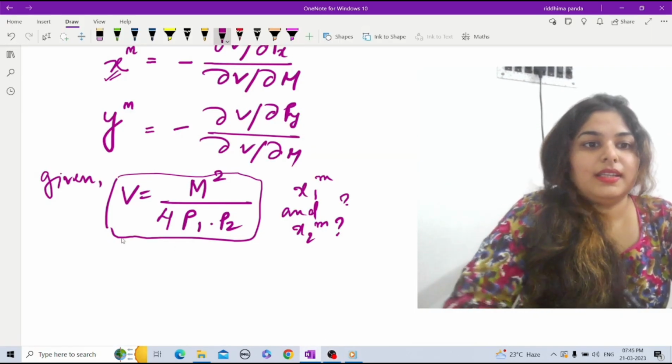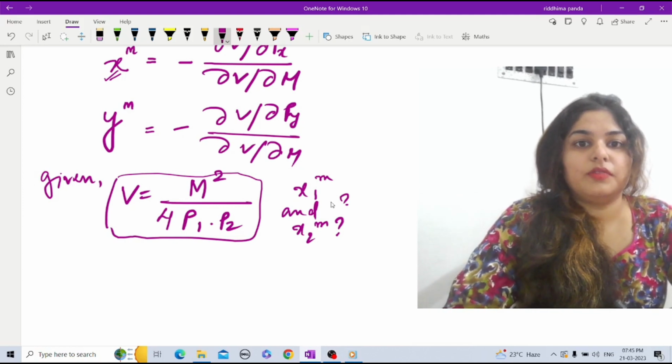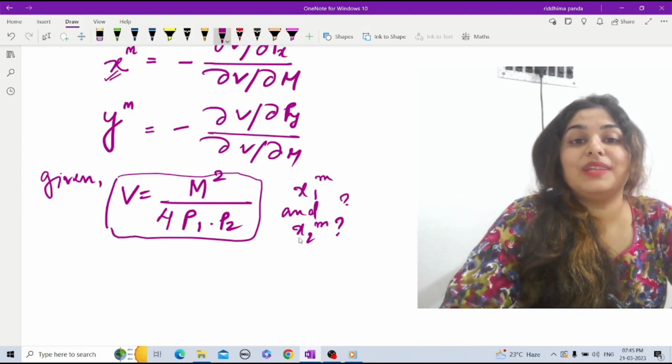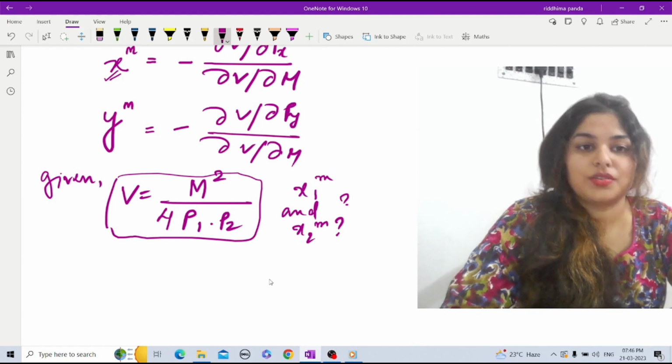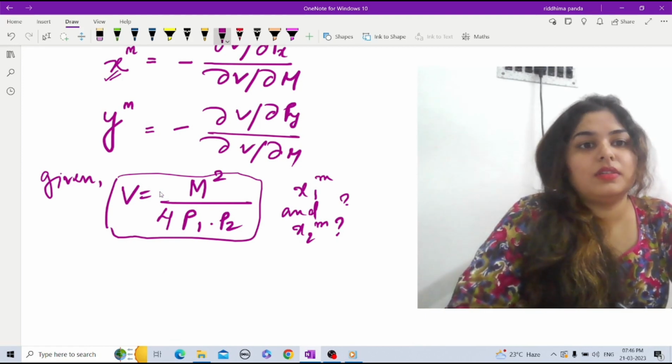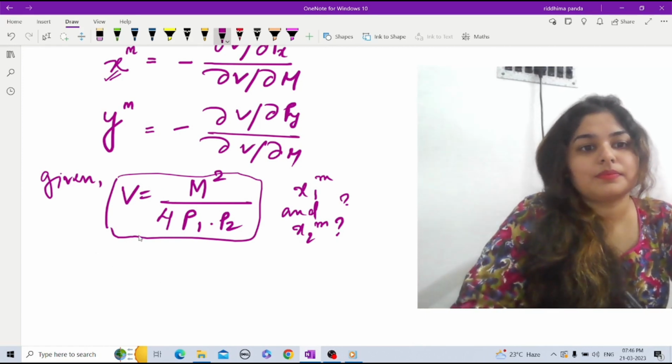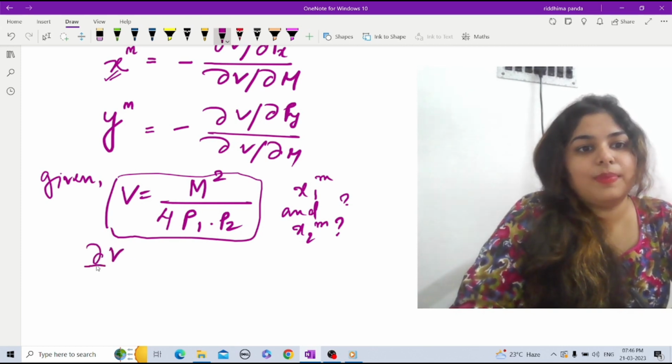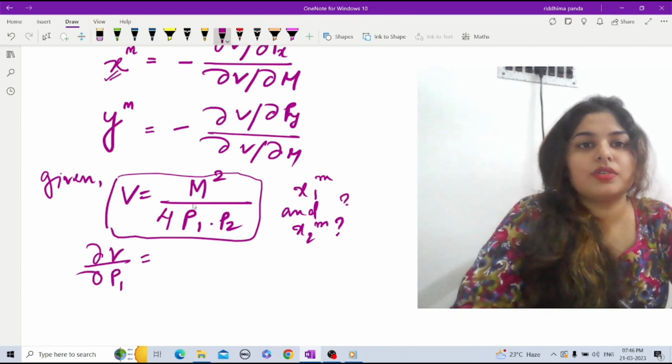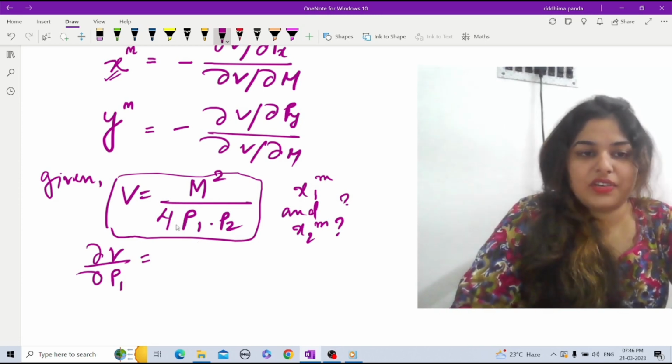So let us first find out X1M, that is the demand function for the first good. In order to find it, the first step is delta V by delta P1. That is equal to how much? Let's differentiate.